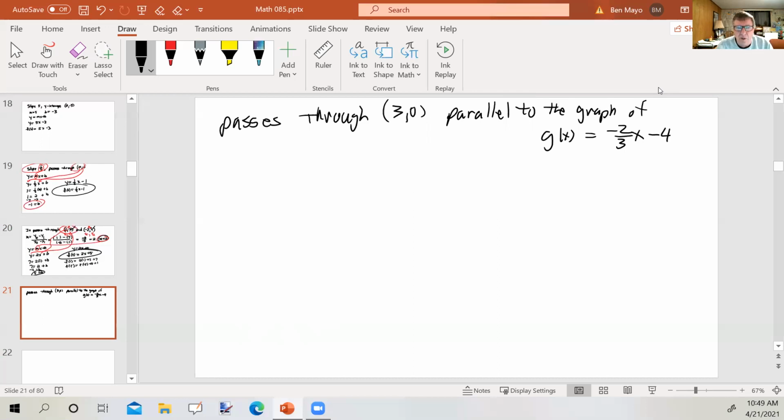Now, (3, 0) is not the y-intercept. For y-intercept, x would have to be 0. (3, 0) is the x-intercept, because when y is 0, the x value is the x-intercept.